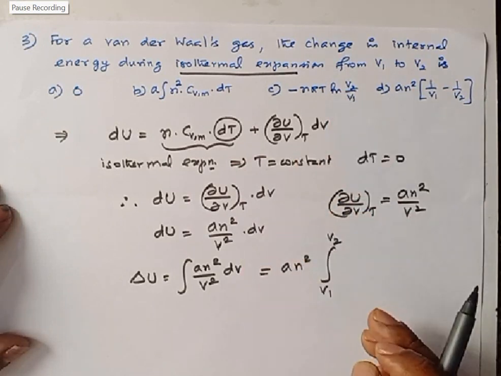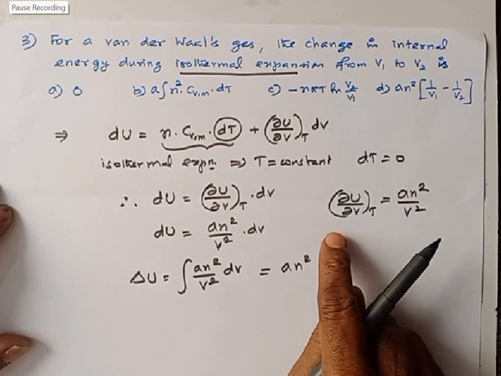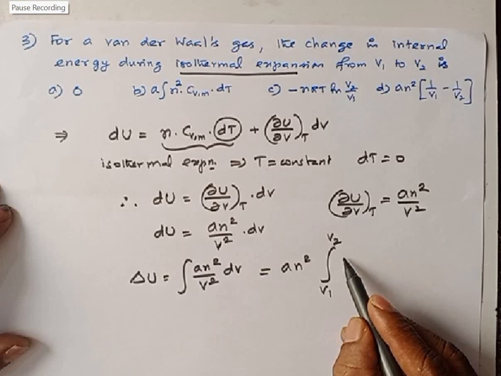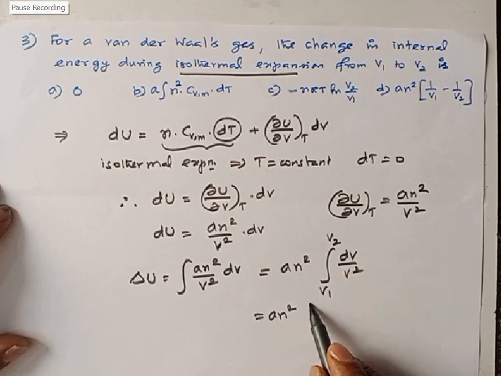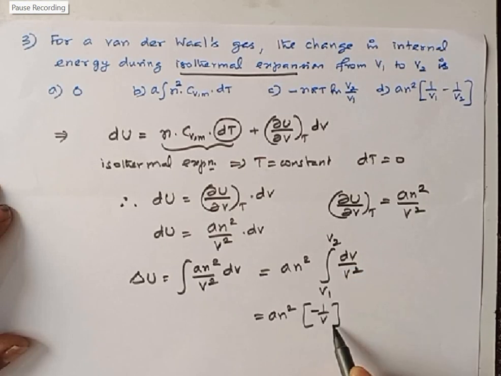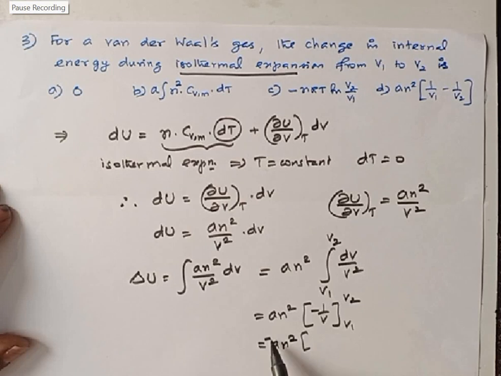In the case of expansion, V1 is small, V2 is large, into dV by V square. If we integrate this, what we get? 1 by V square on integration will give minus 1 by V. Upper limit is V2, lower limit is V1. So a n square, okay, I'll take the minus out, minus.